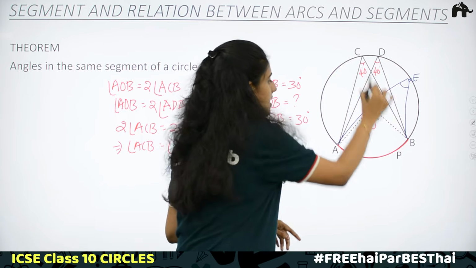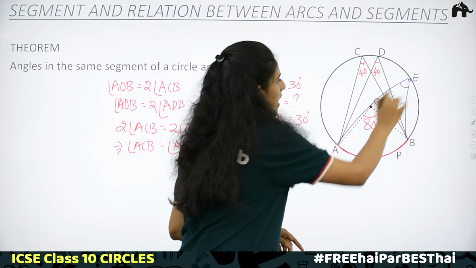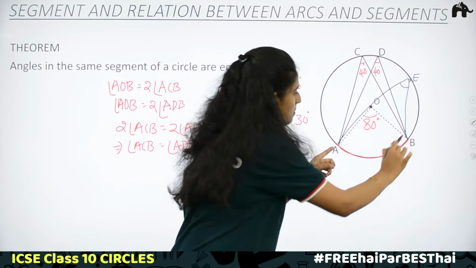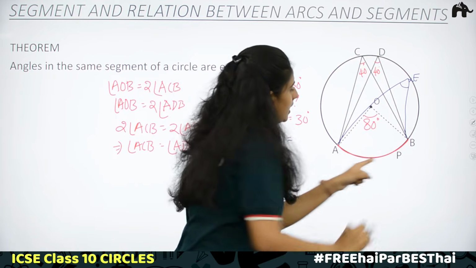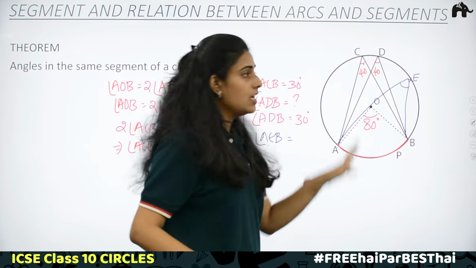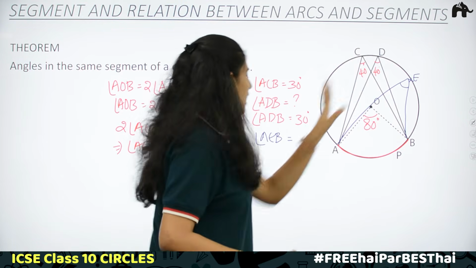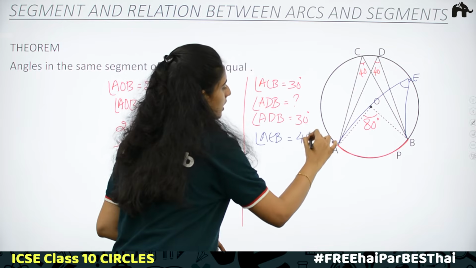We have ACB, ADB and AEB equal. Any angle made by the arc APB, the angle subtended will be equal. If this is 40 degrees and this is 40 degrees, AEB will also be equal to 40 degrees.